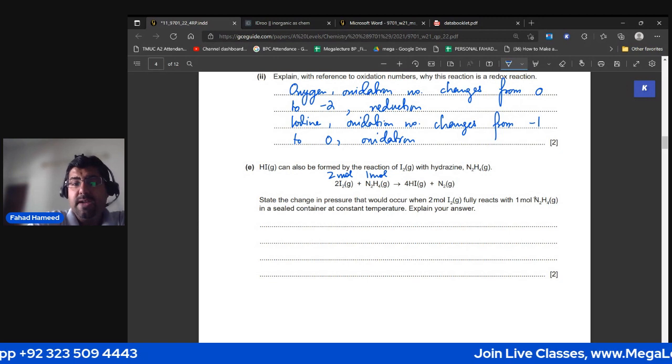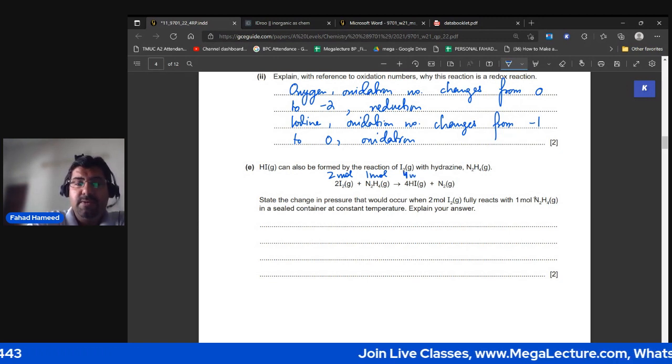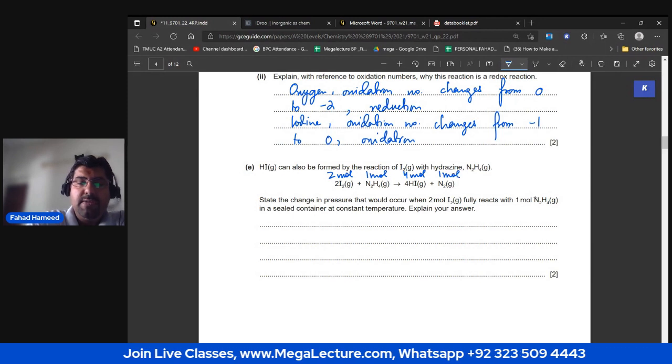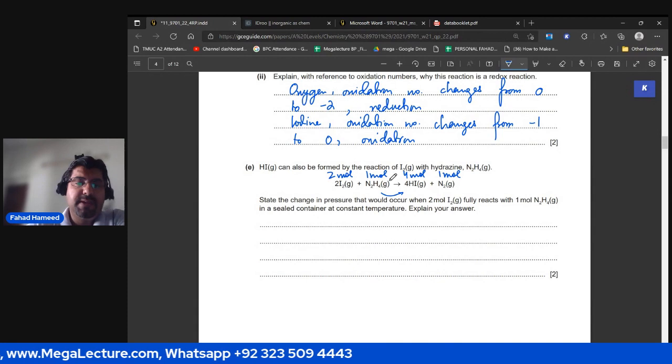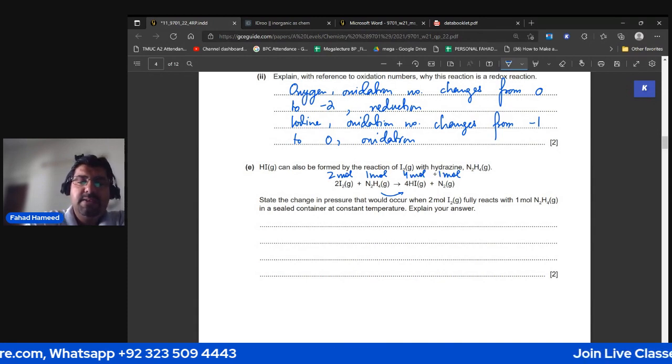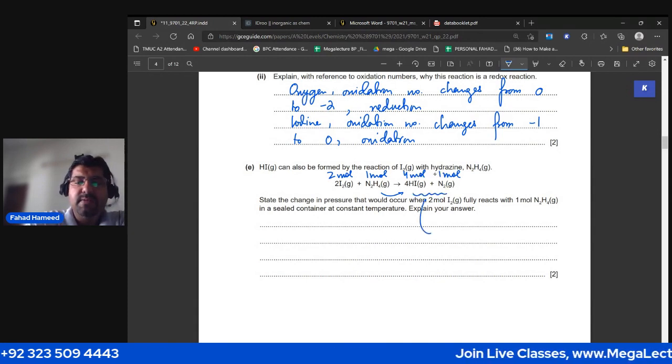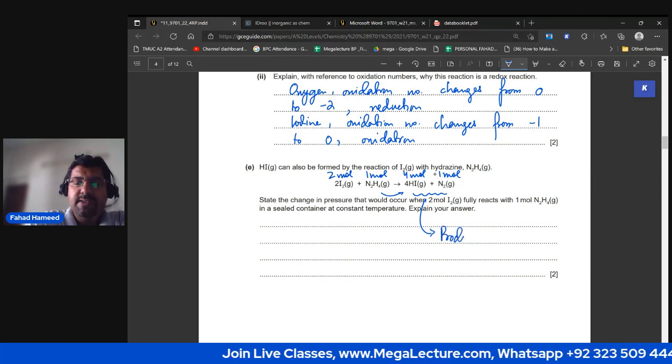What they're going to end up doing is producing 4 moles of this, and they would produce 1 mole of this. So if they fully react, which means these two completely react and produce this, the amount of moles of gas would increase. Products have more moles of gas.